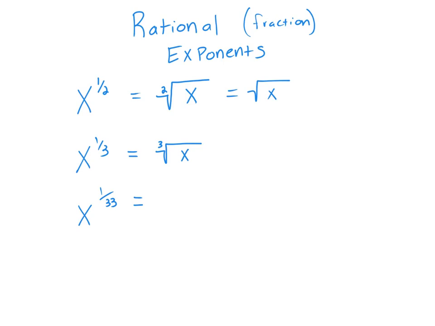When there's nothing there, we assume that it's a little 2. This last problem on this page, x to the power of 1/3, is just to give you an idea that these all have the same outcome: the denominator sits out here on the outside and we're left with this.